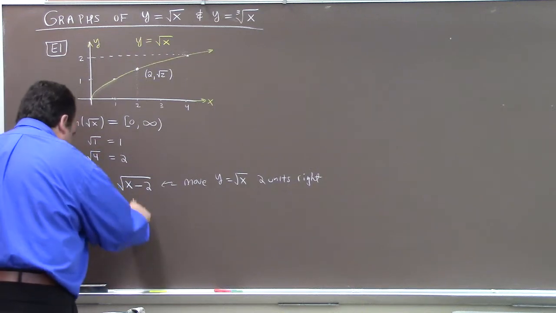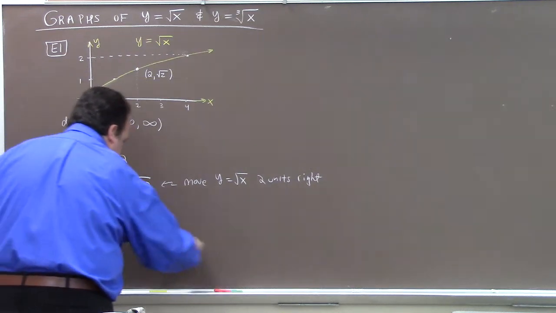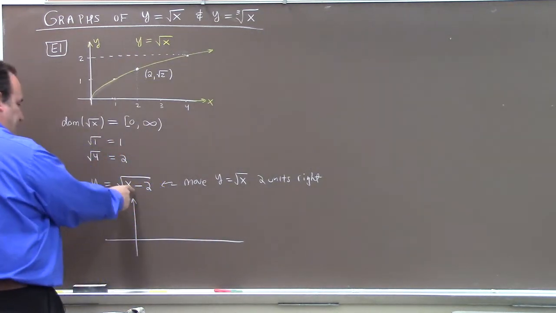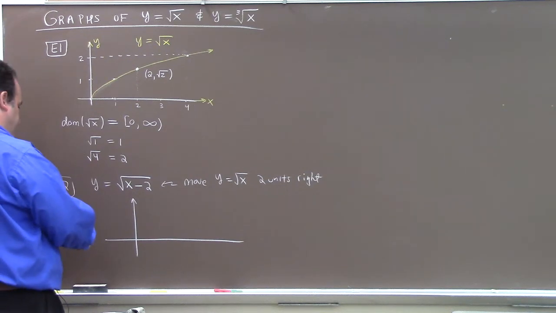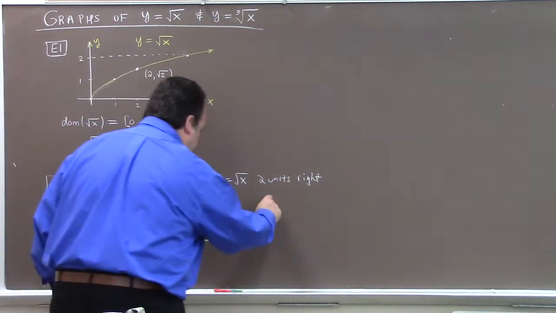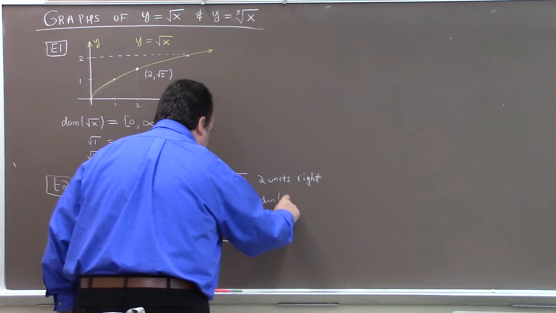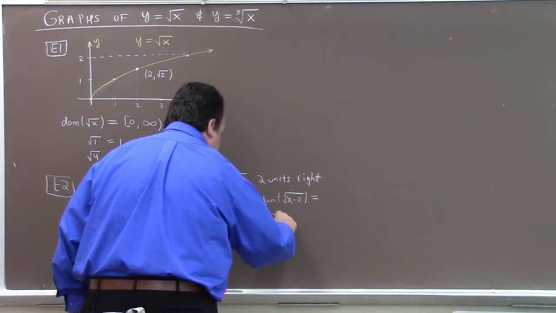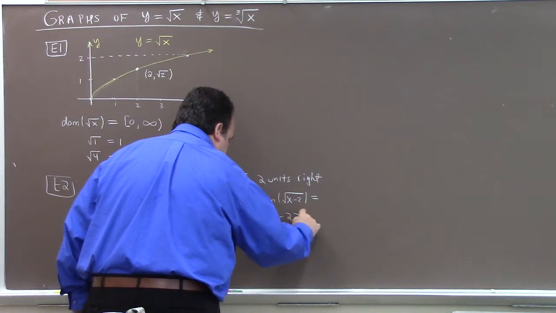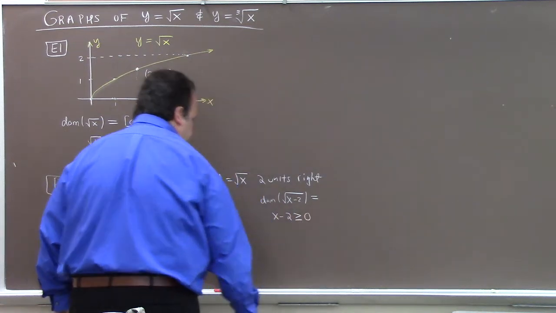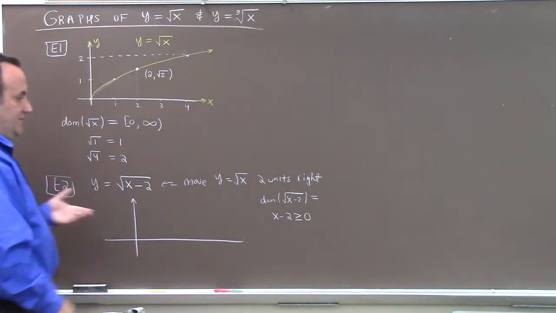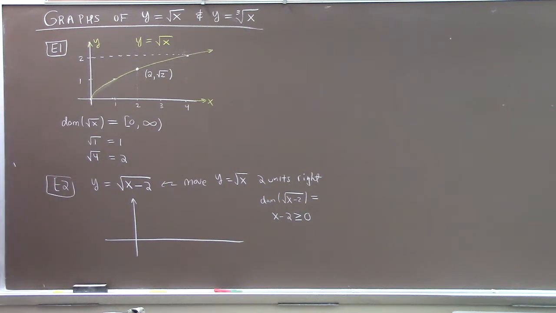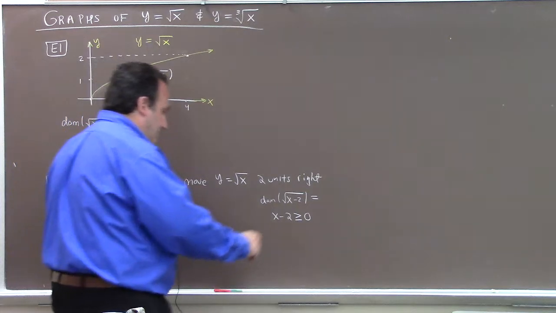So the graph of this guy, let's see here. What's the domain of this one? What you need is x minus 2 to be greater than or equal to 0. The radicand has to be non-negative. And so that gives us x is greater than or equal to 2.